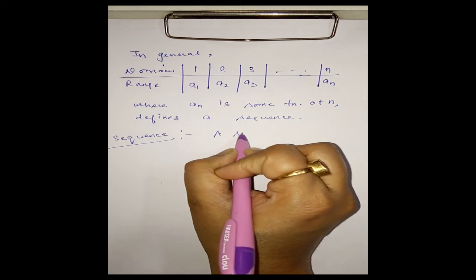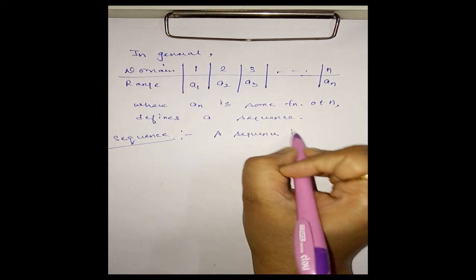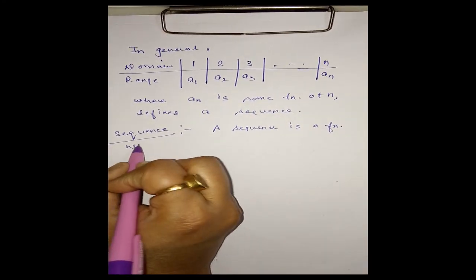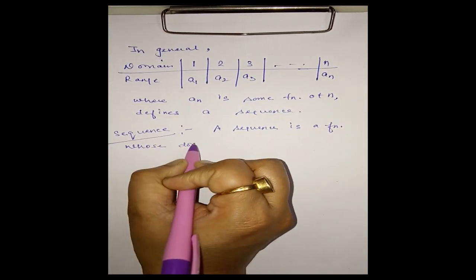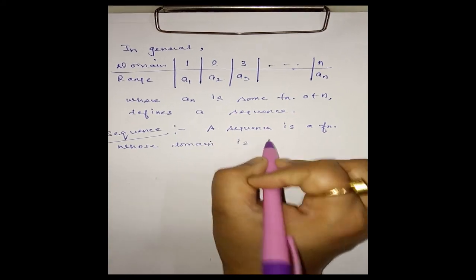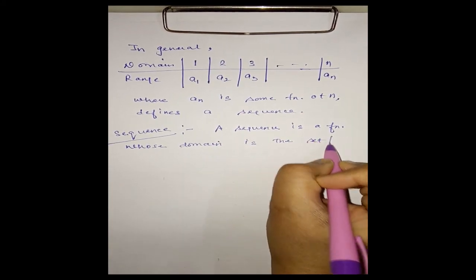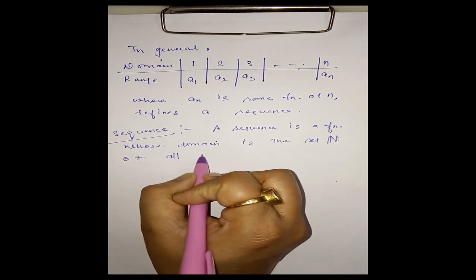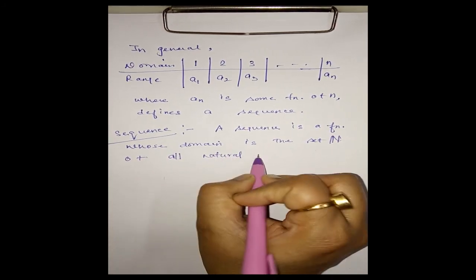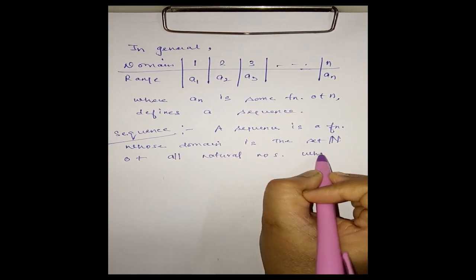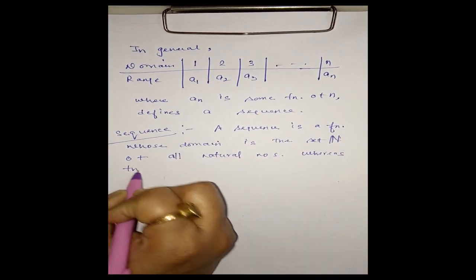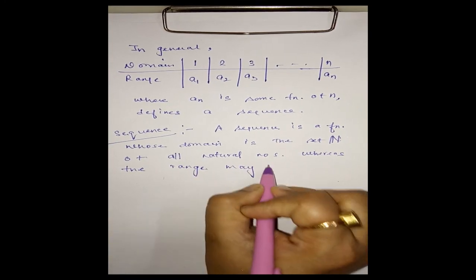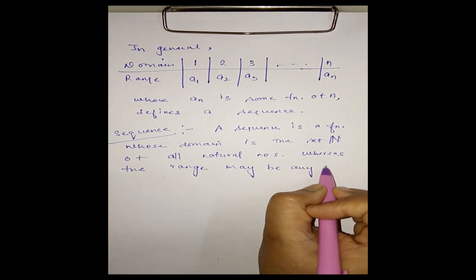A sequence is a function whose domain is the set N of all natural numbers, whereas the range may be any set.